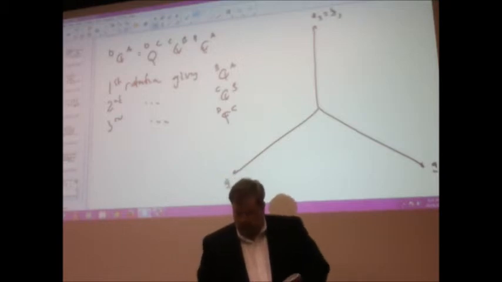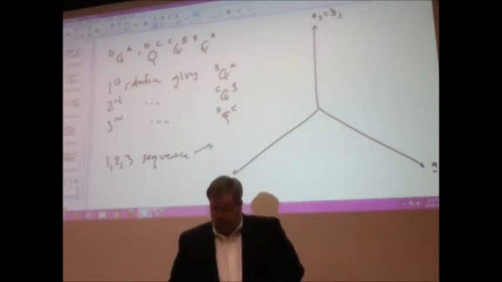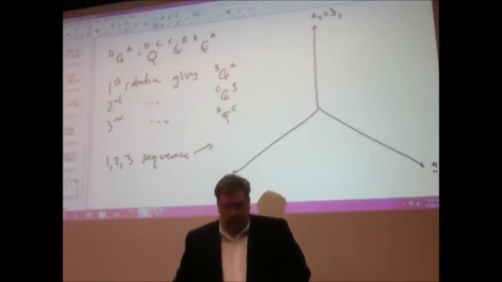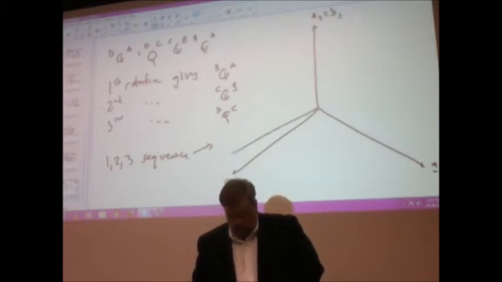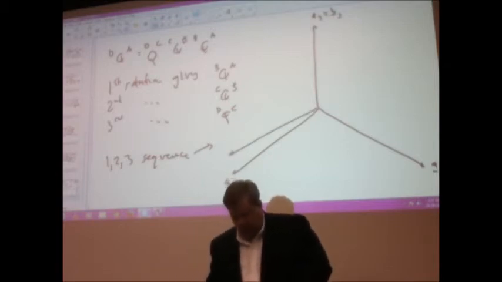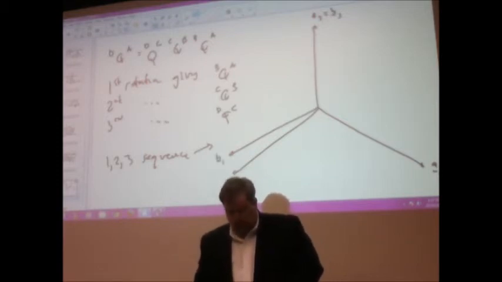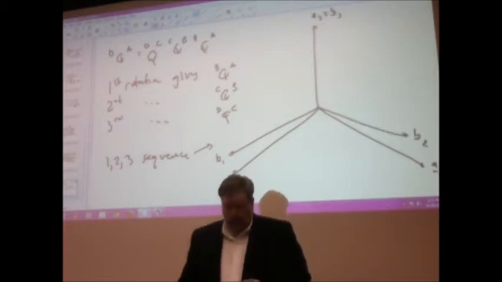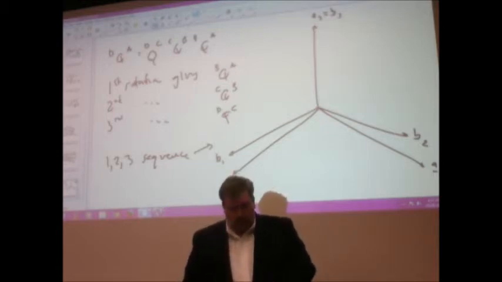For this particular sequence, we're going to first rotate around the A3, which equals B3 axis. It gives us a new set of B basis vectors. Those new B basis vectors now look like this. Here's B1 after the rotation. Let's see, B2. B3 is up there.